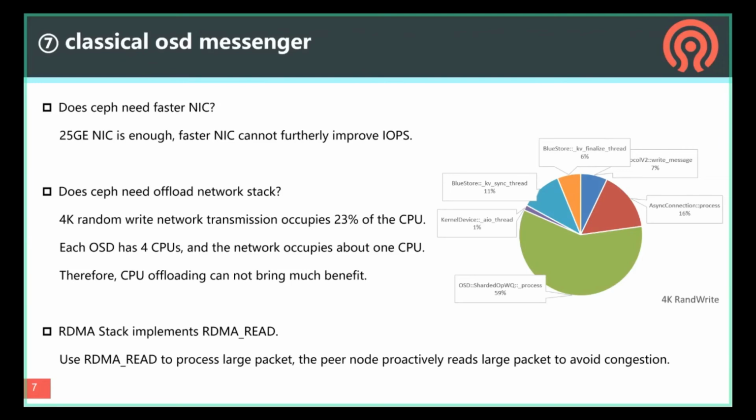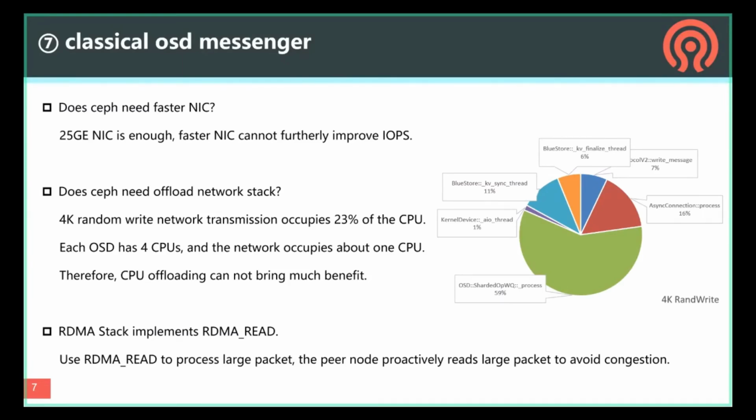We found that a 25G NIC can provide about 616K IOPS. Therefore, a classical OSD on one host cannot afford so much IOPS.